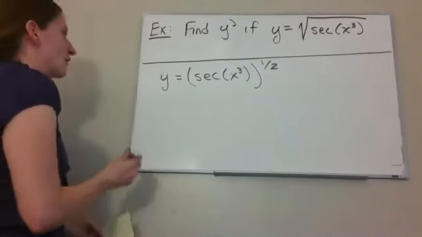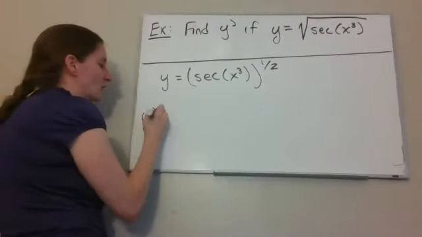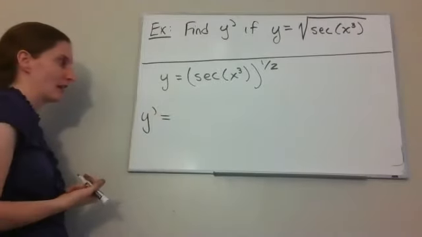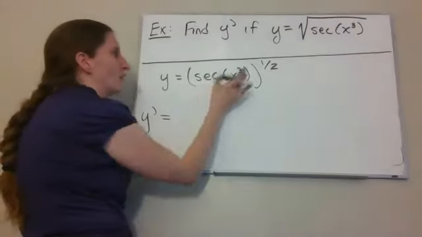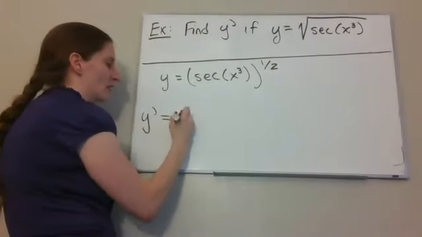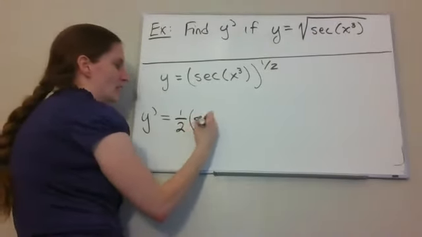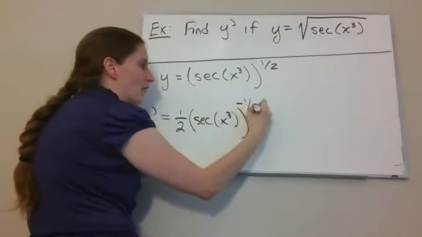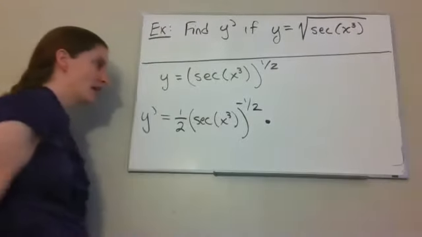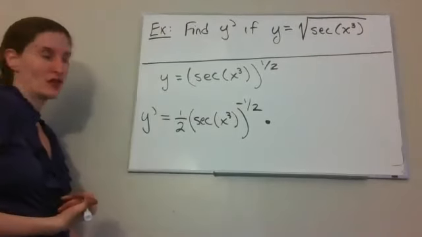So when we do our derivatives, we have to work from the very outside all the way to the very inside. The derivative of something to the 1/2 power is 1/2 times that something to the negative 1/2 power. Now I move to the next function.